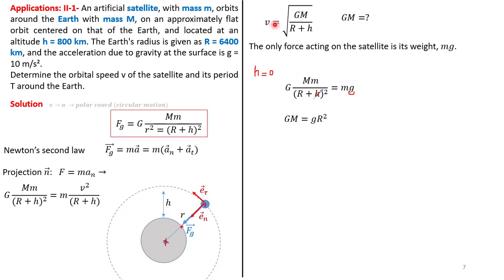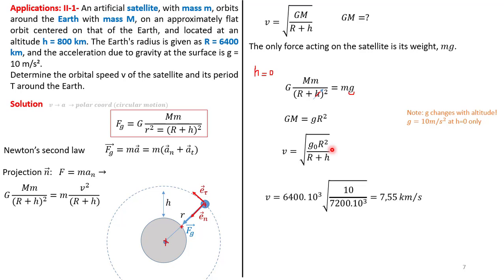Then we can find the orbital speed. So the orbital speed will be equal to radical of g0 r squared over r plus h. If we replace each term with its numerical value, v is equal to r, capital R, the radius of the Earth, which is 6,400 kilometers. So kilometers means we have to multiply with 10 power 3. Radical of g0, which is 10 meters per second squared, it's in the SI.